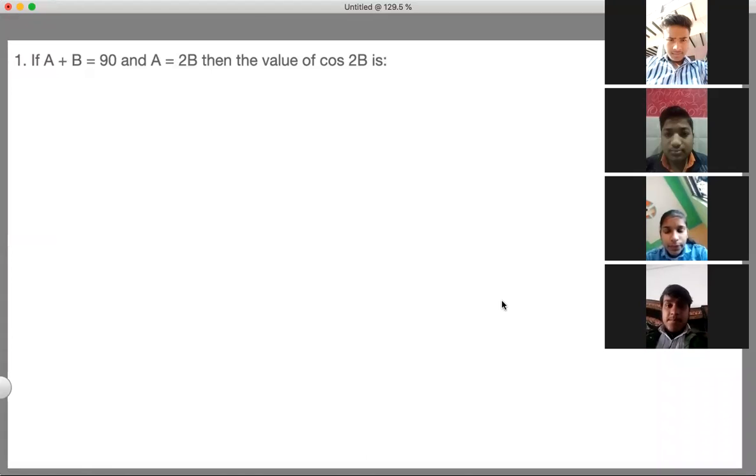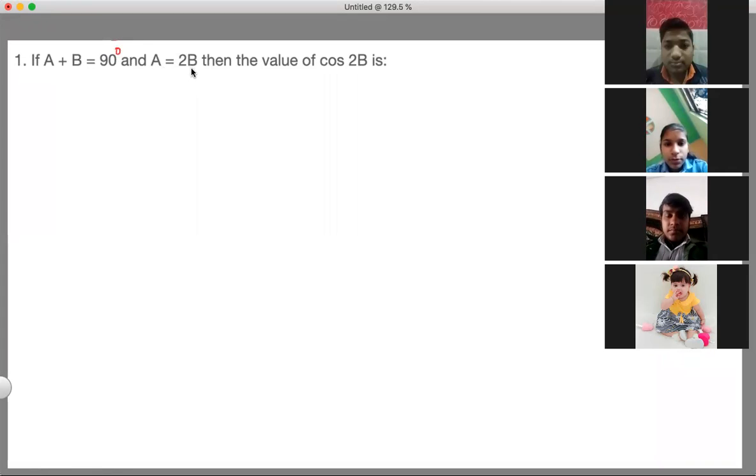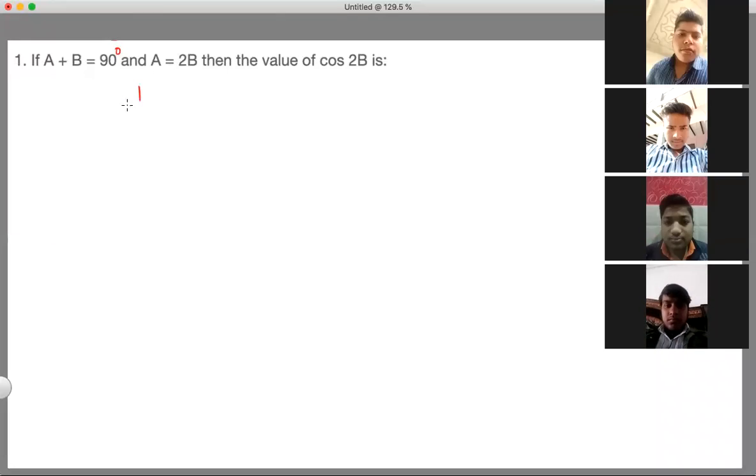So A plus B is equal to 90 degrees, and A is equal to 2B. Then the value of cos 2B is, it's an easy question. How will we do it? We'll do substitution, right?